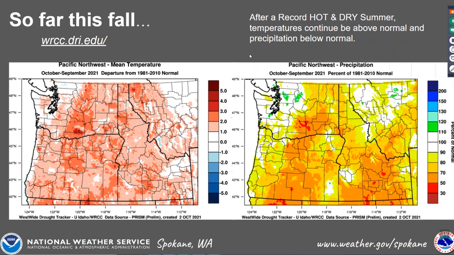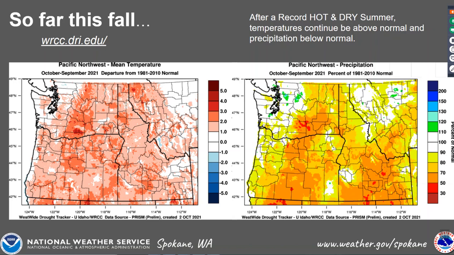So what happened so far this fall? Well, we've had above average temperatures and our precipitation has been a little bit on the dry side, but this map is from a couple weeks ago, I would guess. So it probably hasn't updated with all the precip we've received in the last week or two.